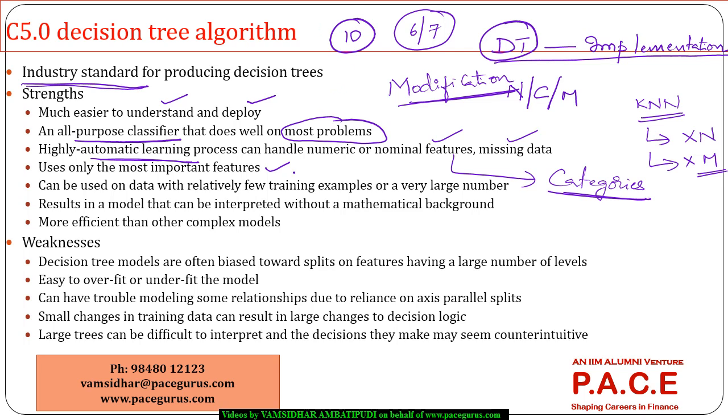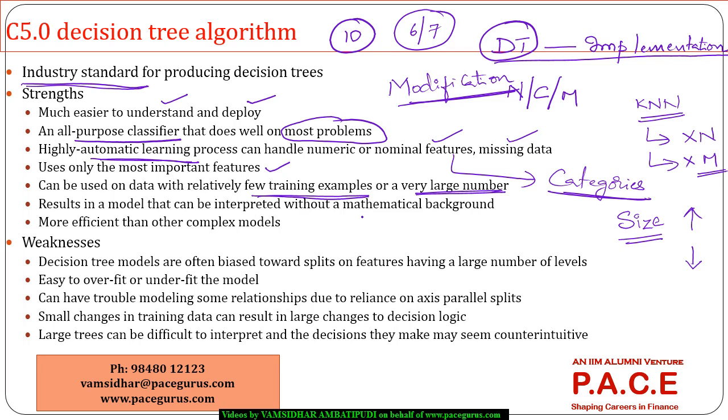So that's one more goodness associated with this decision tree algorithm, and it can be used on data where the training data is very, very small, or very, very large. So the size of the training data really does not matter. Even if the training data is very large or very small, I can comfortably use this C5.0 algorithm.